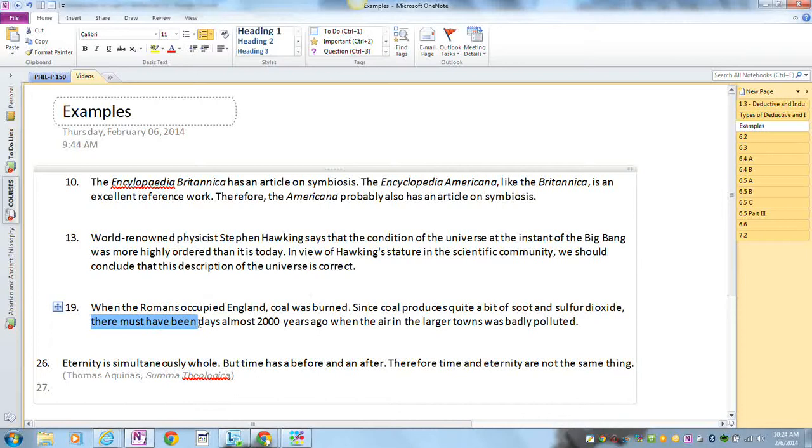Notice that the wording here isn't particularly significant. There must have been, I suppose you can take it in two different ways. Some of you may feel that this expresses certainty, that there had to be days, but must can also be used in a speculative way, as when you say, I see that the lights are on in the neighbor's house, they must be at home.